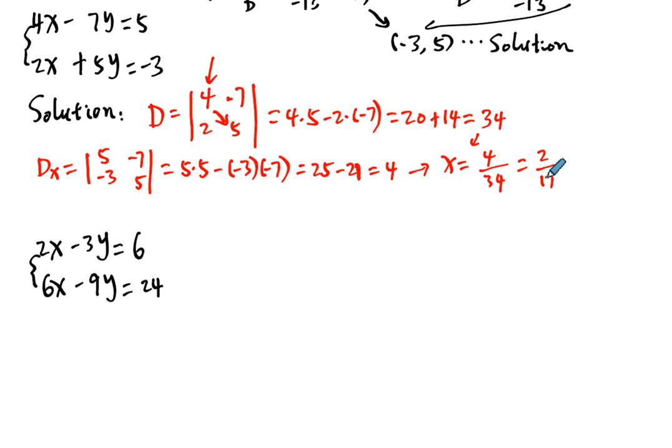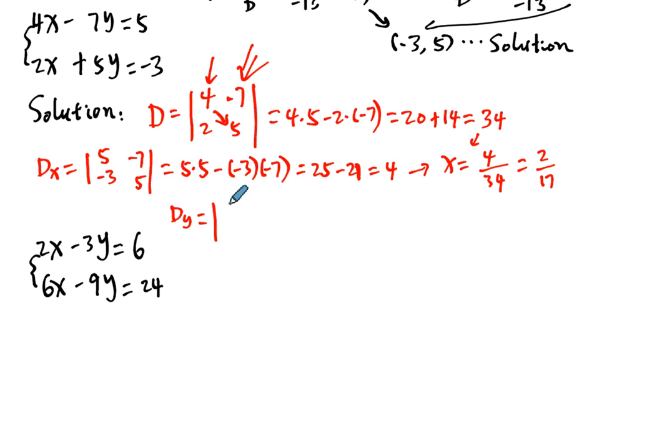Now, then you find dy. dy is the same. Replace the second column with 5, negative 3.